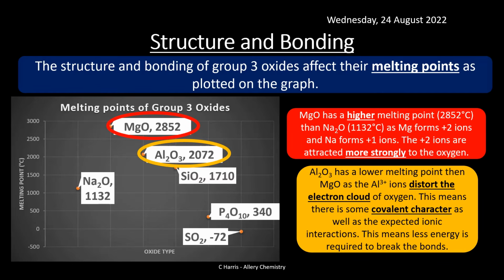Because there's some covalent character in there, it weakens the bond, as the covalent character is not as strong as the ionic character. Because of the strong 3+, it starts to pull some of the electrons towards it, and it's almost like sharing the electrons rather than opposite charges attracting each other. So it's just that slight quirk with aluminium oxide.